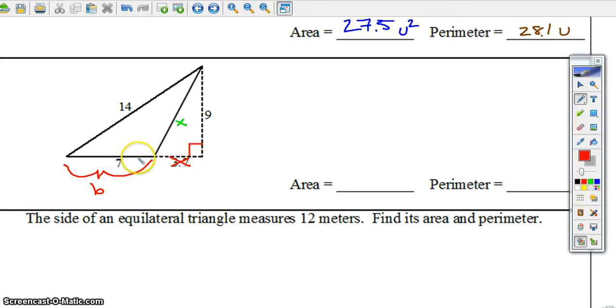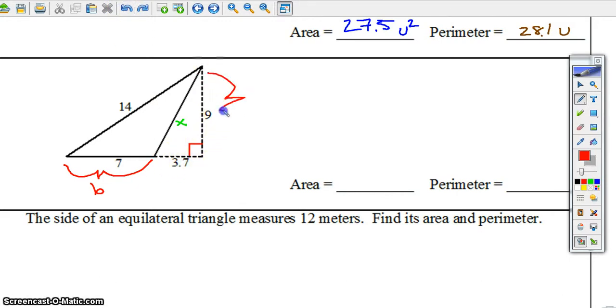Right now, all I need to know is that the height of this triangle is 9. So I need to know my base and my height. I'm going to take this away because my writing is atrocious. We don't need to worry about the 3.7, but I'll leave it up.